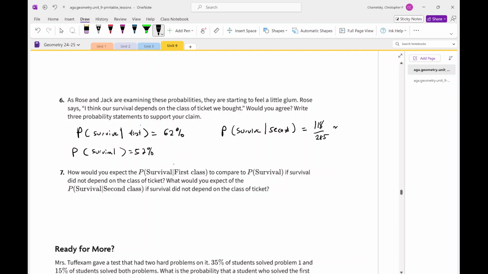Which is about 41%. So we can see that obviously your class is affecting, okay? And it looks like first class is doing a whole lot better than everybody else.